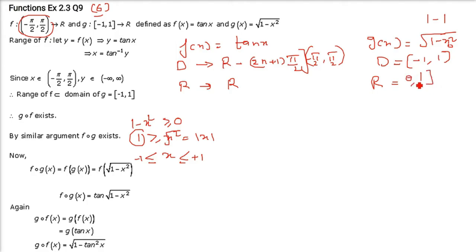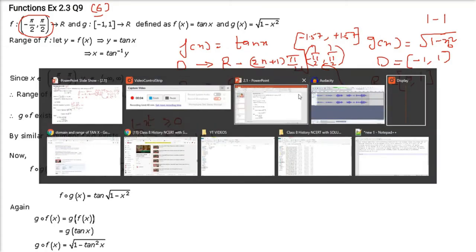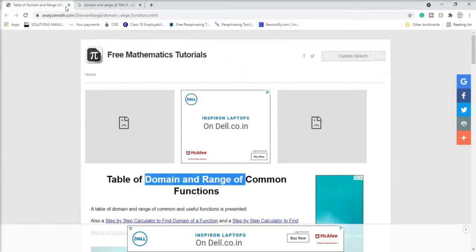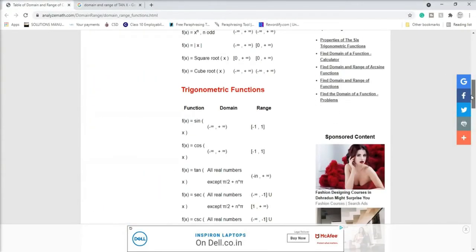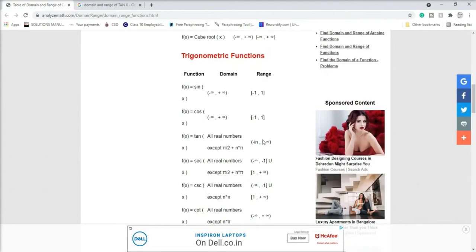Okay. If you see here, this range should be a subset of the domain of tan x. Negative pi by 2 is minus 1.57 and pi by 2 is 1.57. Right? So the real numbers, negative infinity to positive infinity, again the same thing.